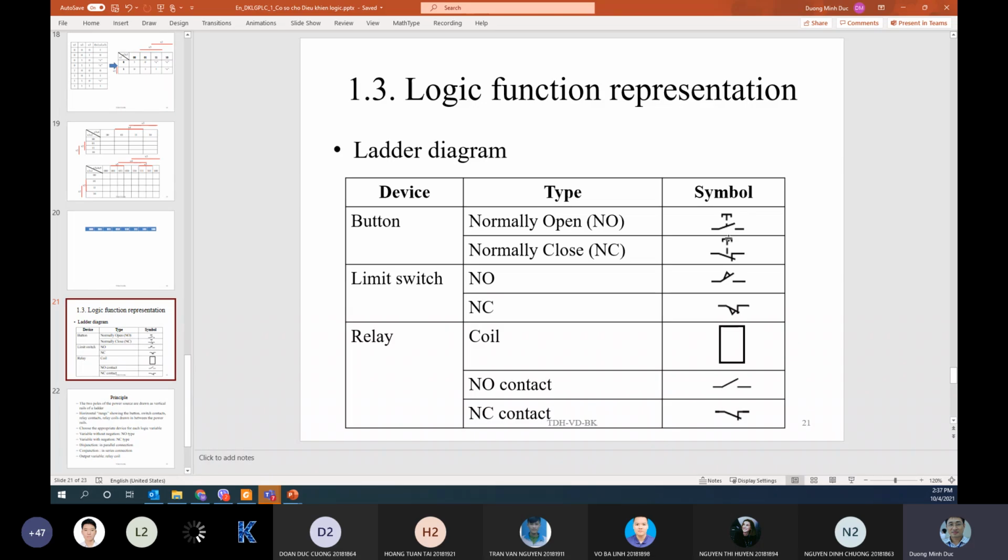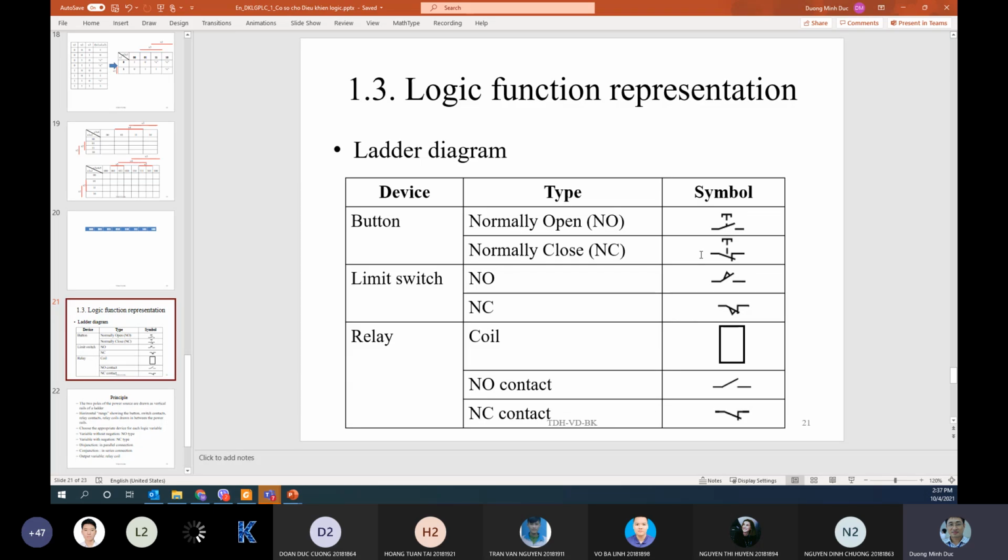Without any action, the two electrodes are connected and the current can pass through. If you push the button, the two electrodes separate, and no current can pass through. It's physically, mechanically separate.